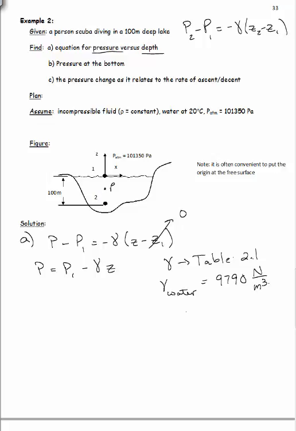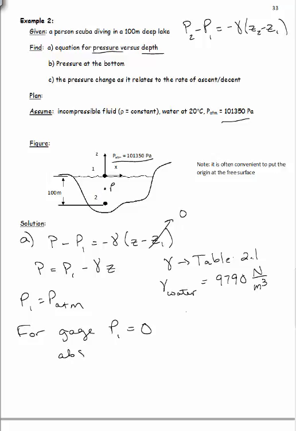P1 is going to be P atmosphere, because we're right there at the air interface for point 1. So P1 equals P atmosphere. We can either do P atmosphere equals 0 if we want gauge pressure, or P atmosphere is equal to 1 atmosphere, which is 101,350 pascals. So for gauge, P1 equals 0.